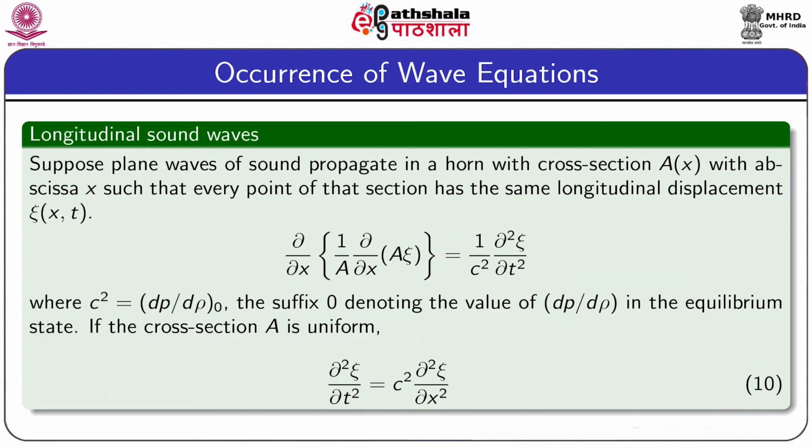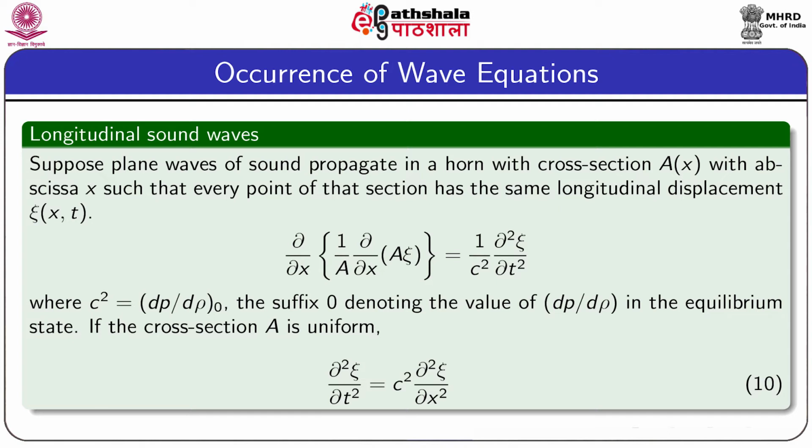Now, we are going to discuss the sound waves problem. Suppose plane waves of sound propagate in a horn with cross section given by A(x) with abscissa x, such that each point of that section has the same longitudinal displacement xi(x,t).